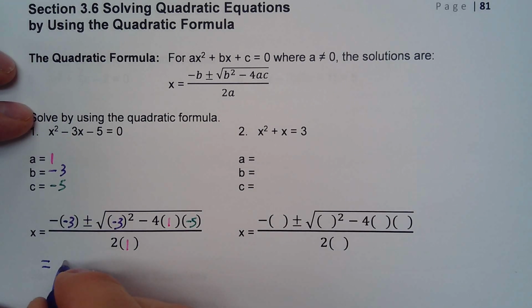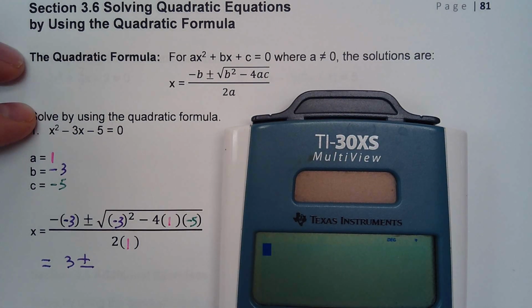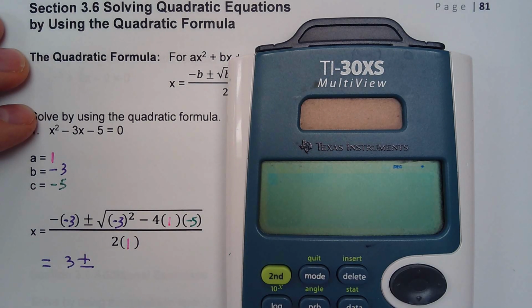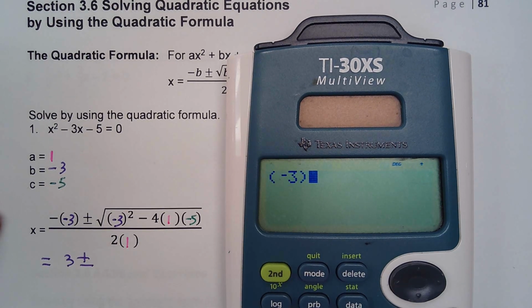A double negative is positive, so that's 3 plus or minus. What I'd recommend is taking that whole thing underneath the square root. By the way, we call that the discriminant. The b squared minus 4ac under the square root is called the discriminant. Let's go ahead and do it on our calculator, since we don't want to make any mistakes here.